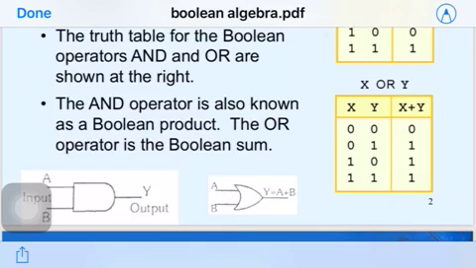OR says that if all the input values are false, then the output will be false. If any one of the inputs is true, the output will be true. That is why three combinations in the input side give 1, whereas only the all-0 combination gives 0 in the output side.